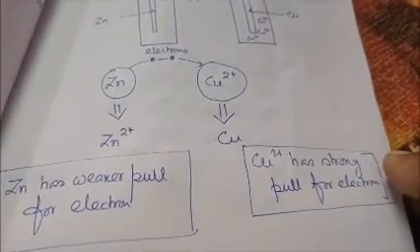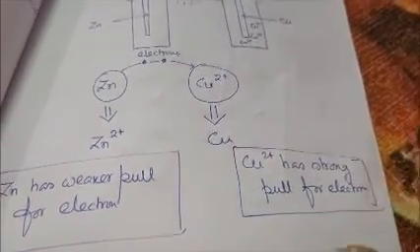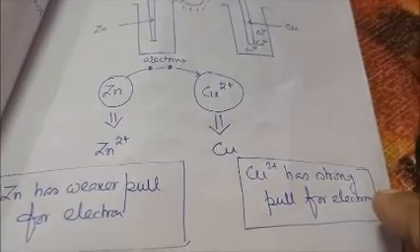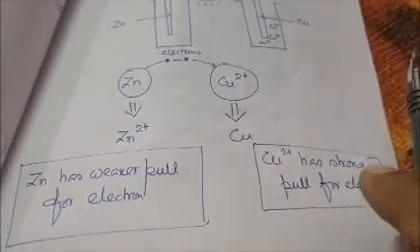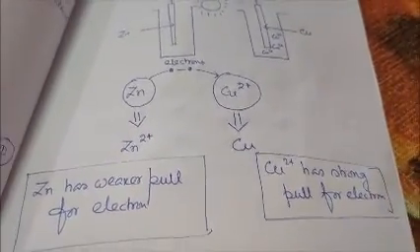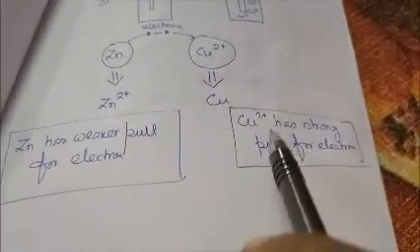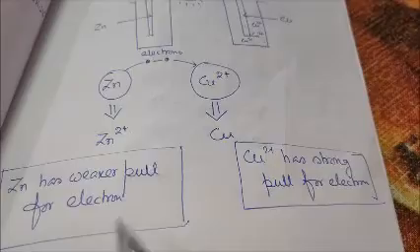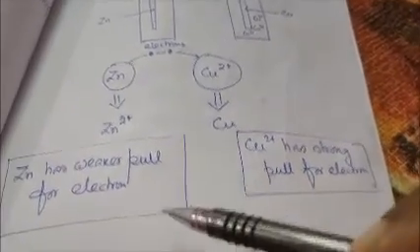It means that between these two metals, one is a great boxer compared to the other. Copper has a strong capacity to pull the electron, and zinc has a weaker capacity to pull the electron.